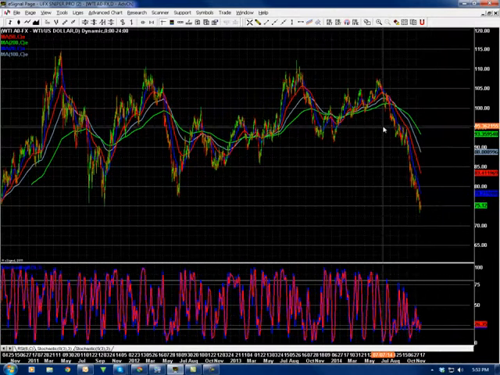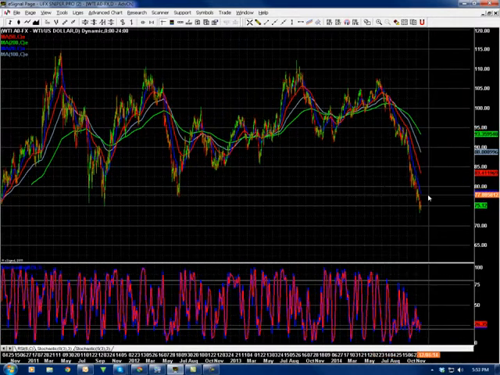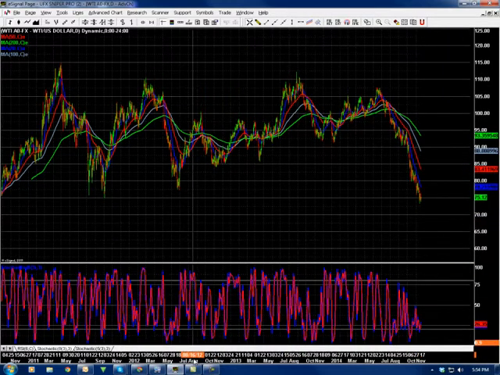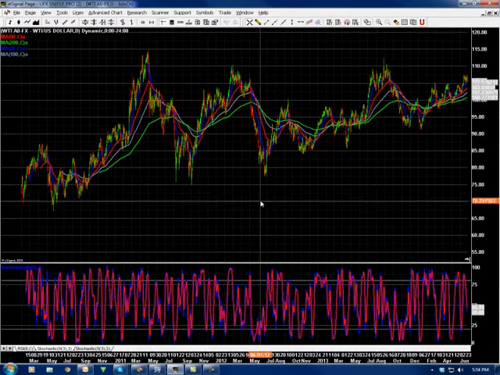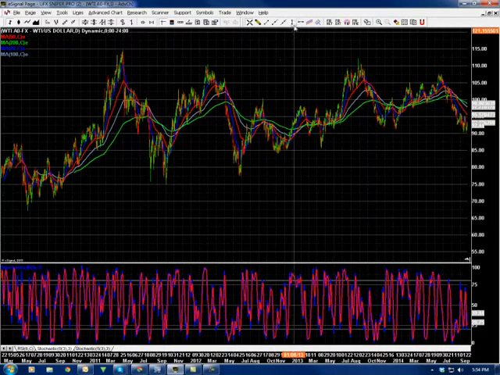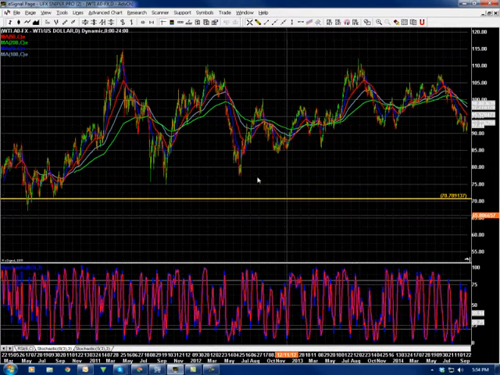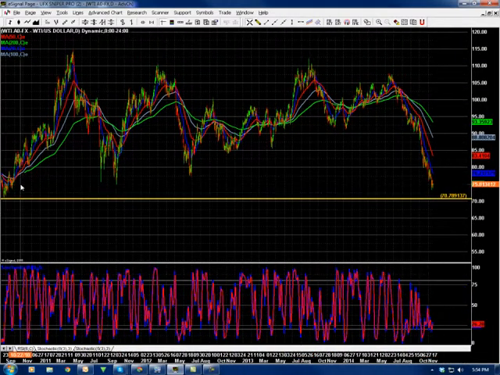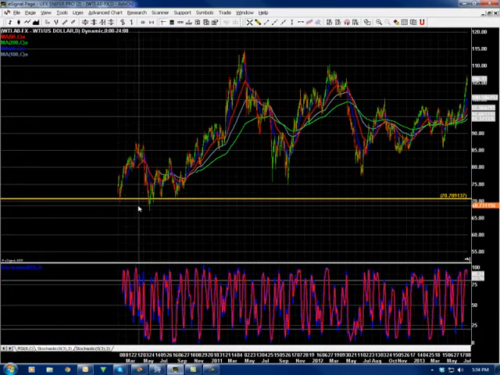So the levels were like 80, 77, 75, which is now, and then there's another level at 70, which is the lowest it's been for a very long time. In fact, it's the lowest it's been for at least 4 years. If you break through this section here, it'll be the lowest in even more time, like 6 years even.